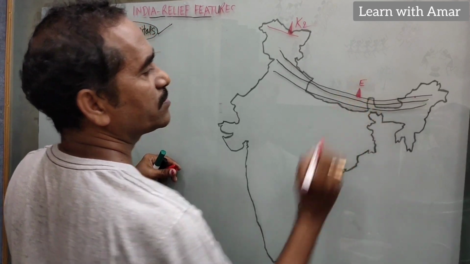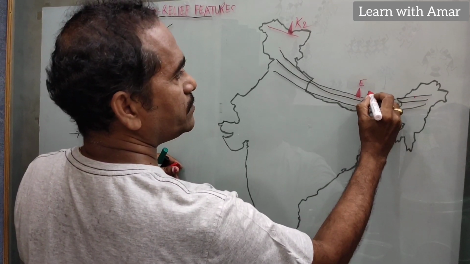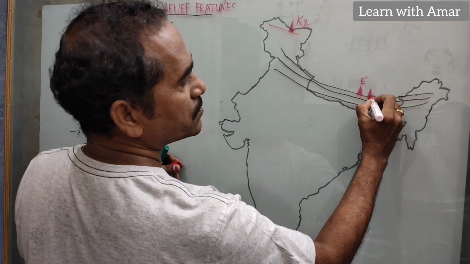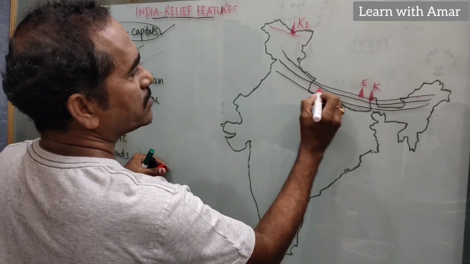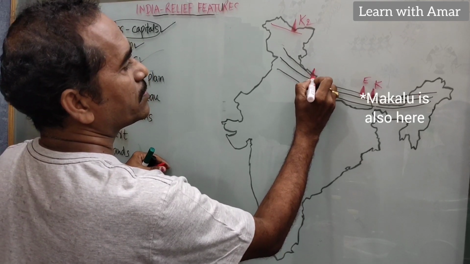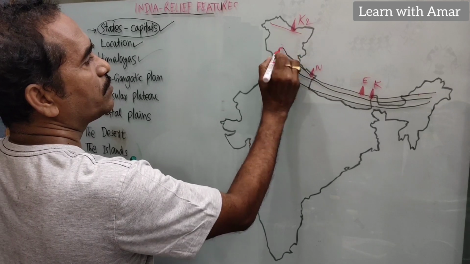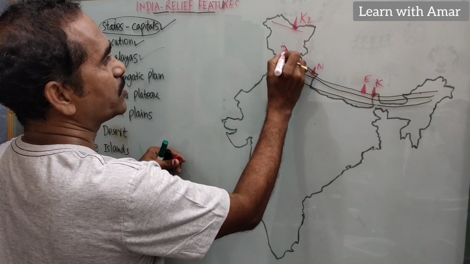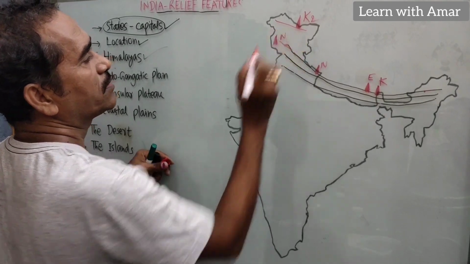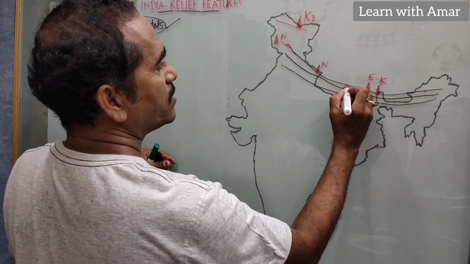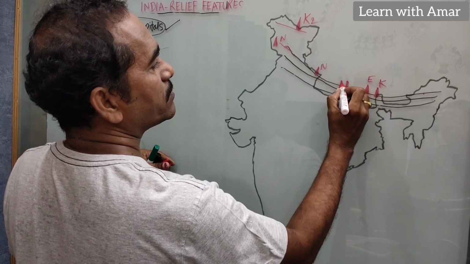It is Everest, and this one it is Kanchenjunga, and here it is Nanda Devi, and here Nanga Parbat, this side, Himalayas up to here, this side it is Nanga Parbat, and here it is Annapurna and Dhaulagiri.